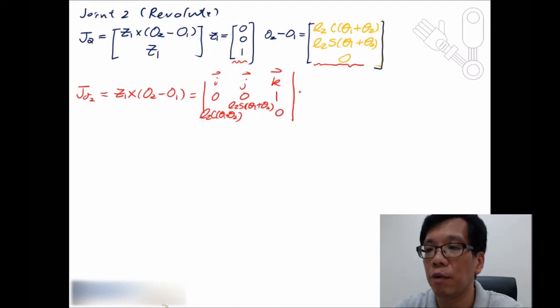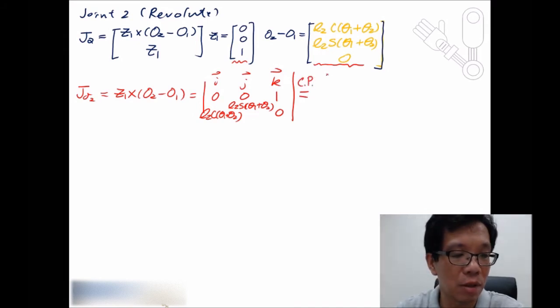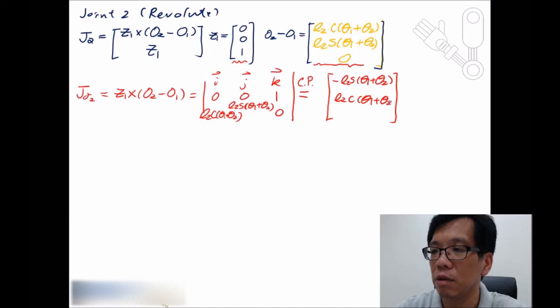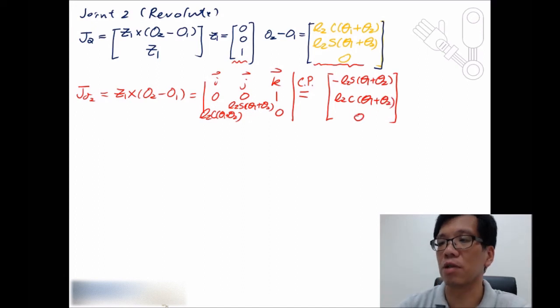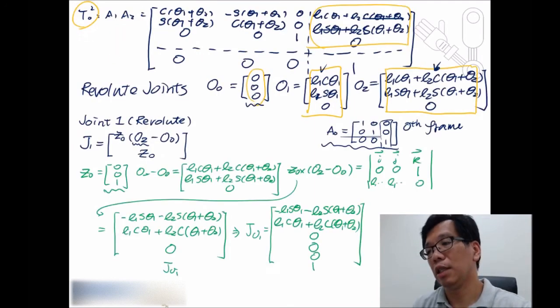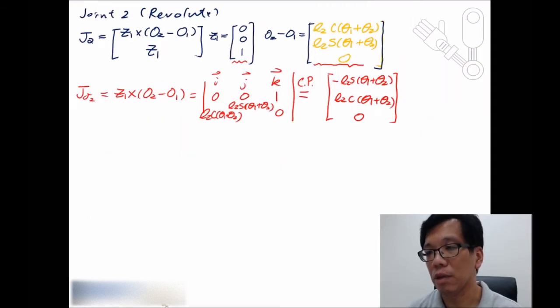So after operating the cross product, we have the 3 components as negative L2 sine theta 1 plus theta 2, L2 cosine theta 1 plus theta 2. The third component over here is still 0. So we get JV2 over here, and we need to put everything all together as our J2 component, J2 column.